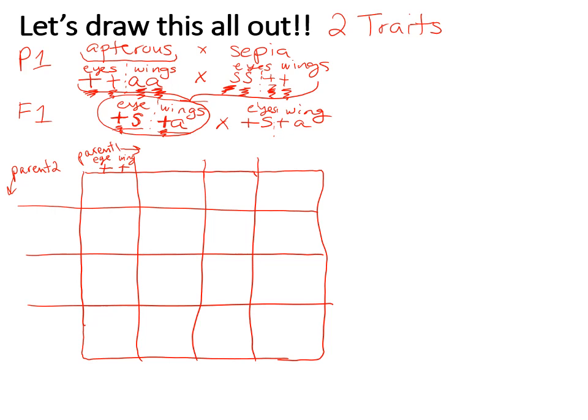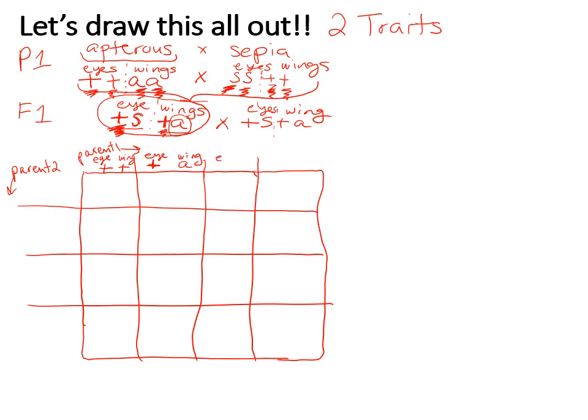Its second gamete is again 1 allele for eyes, 1 allele for wings. So 1 allele for eyes, it could give a wild type. Second, now we go 1 allele for wings. We already have the first gamete plus plus, so this one instead can give little a.